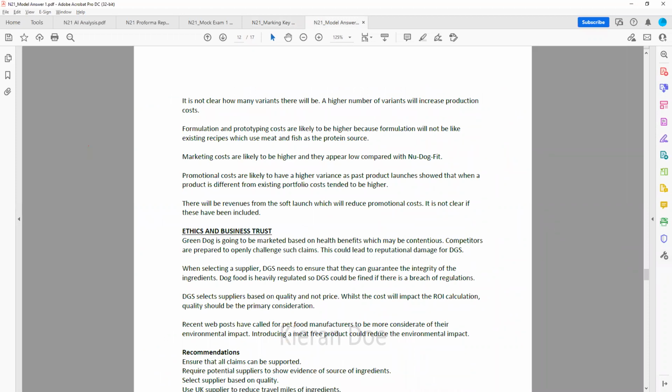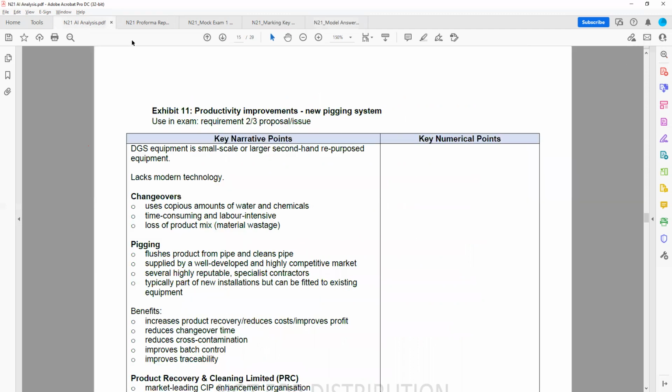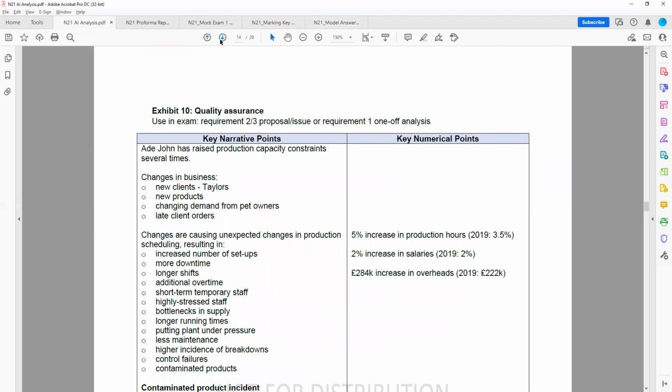And then the other question is, is all the info from the AI relevant in the exam, or would there be any red herrings? I think in the AI, kind of red herrings, I guess, but there might be things which just don't end up coming up in the exam. So yeah, there might be a red herring.